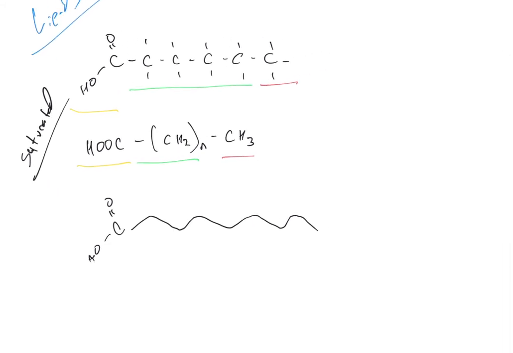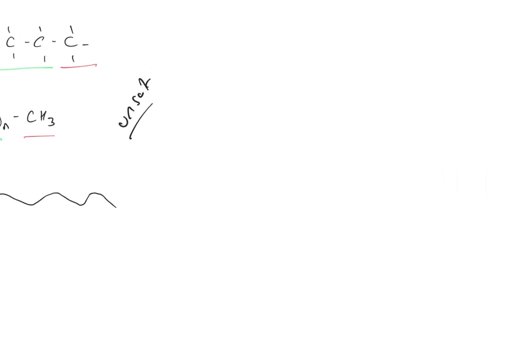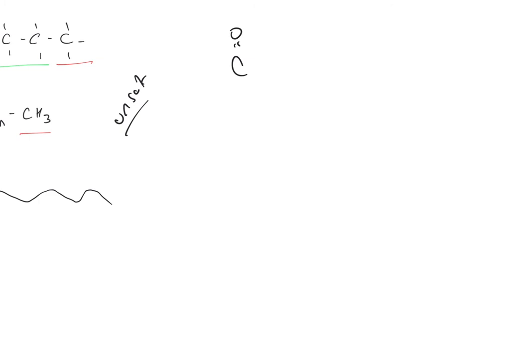Okay, so unsaturated, which has a double bond. So you can write C, O, O, H, C, C, C, double bond, C, C. So draw your H's. Oopsie.